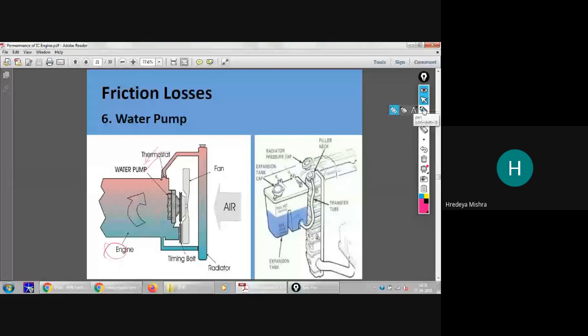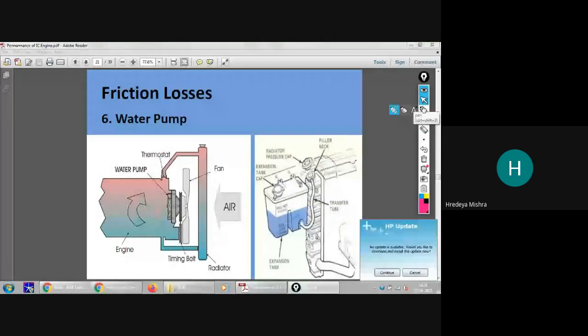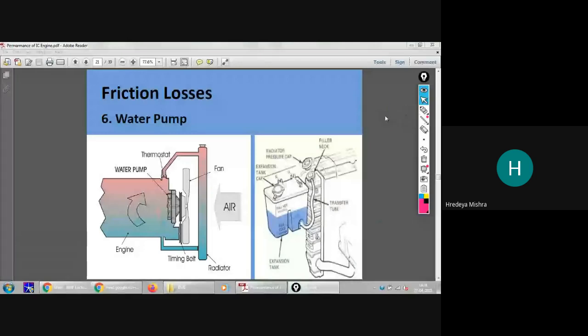Water pump. Water pump is used for cooling the engine. This is the radiator to cool the engine, and here is your water tank.